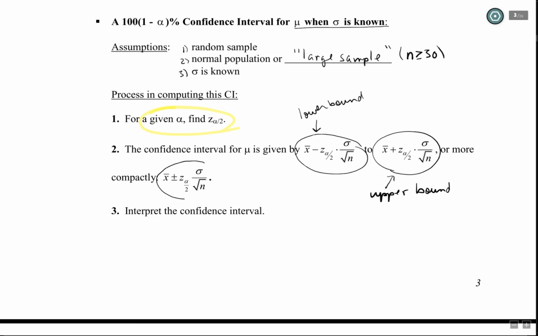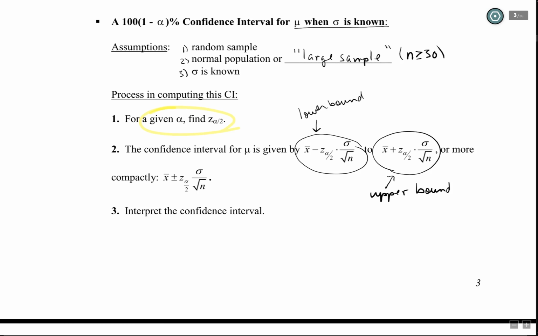So we typically represent a confidence interval formula in this way: x bar plus or minus z percentile times sigma over root n. Now let me say something about this notation.